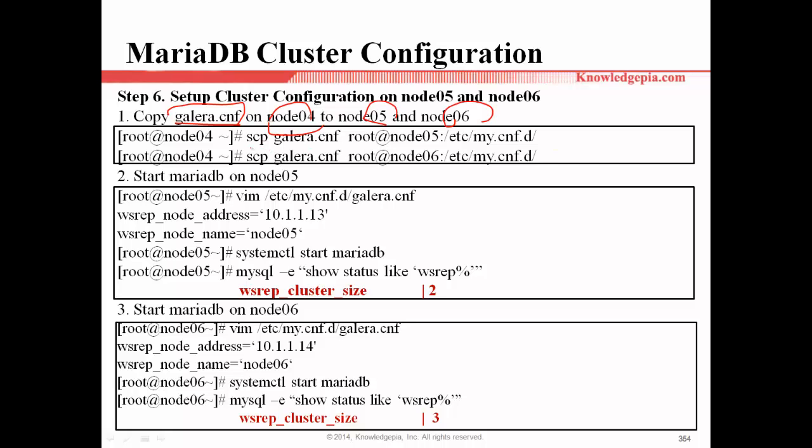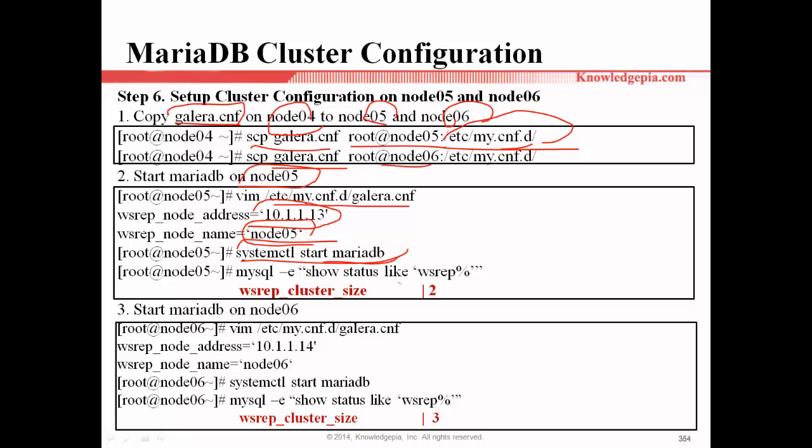In my case, I will use scp for this file and this file to the node 5 and node 6 directory, /etc/my.cnf.d. And after that, start MariaDB. On node 5, also only change this one, the IP address, 10.1.1.13, and host name node 05. And after that, start like this, systemctl start mariadb.